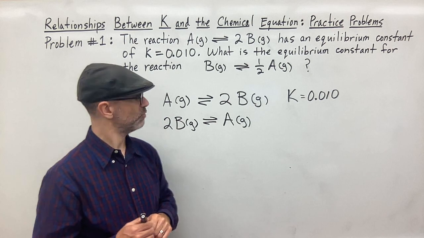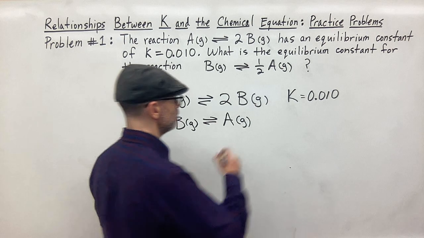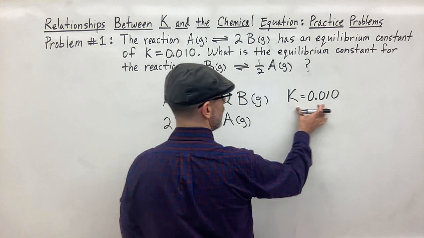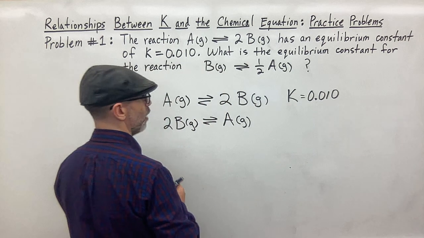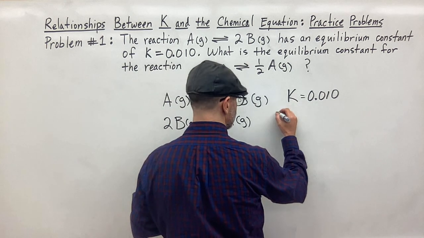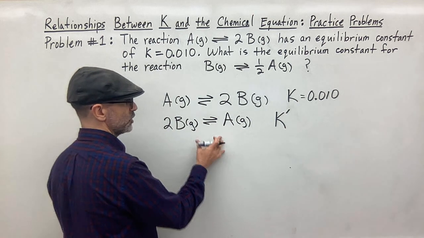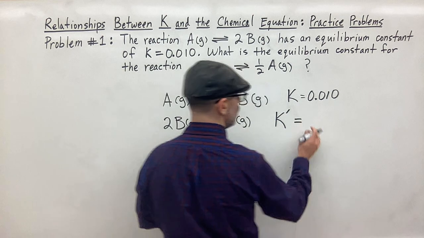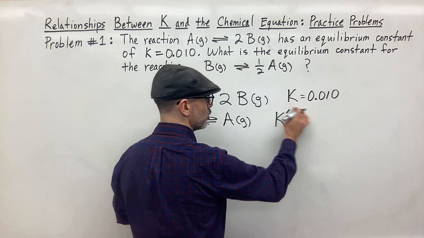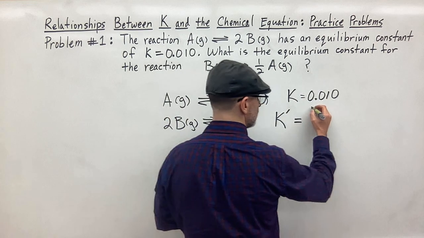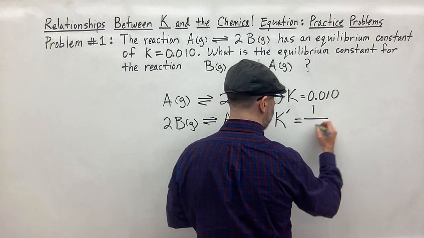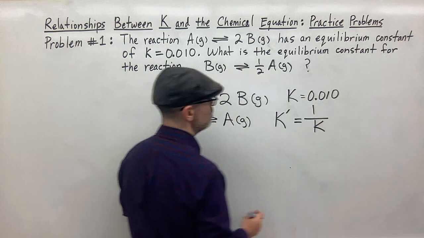Since this is my K value, we'll call this K prime. So K prime for this reaction is going to be equal to the reciprocal of the original K. What does that mean? It would be 1 over K.